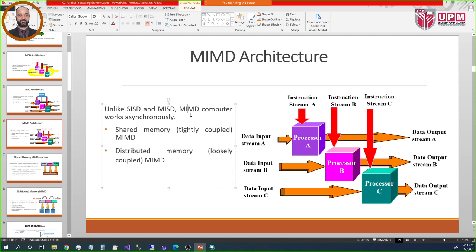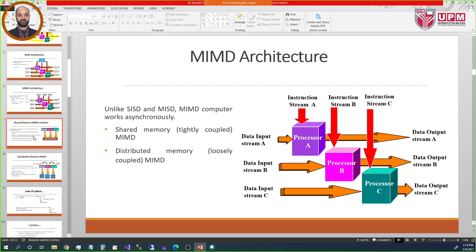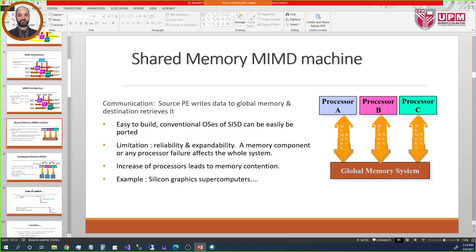So here in the MIMD, we could have shared memory MIMD, which is called tightly coupled, and also we could have distributed memory MIMD, which is loosely coupled. Okay, then here we start with the shared memory MIMD machine.